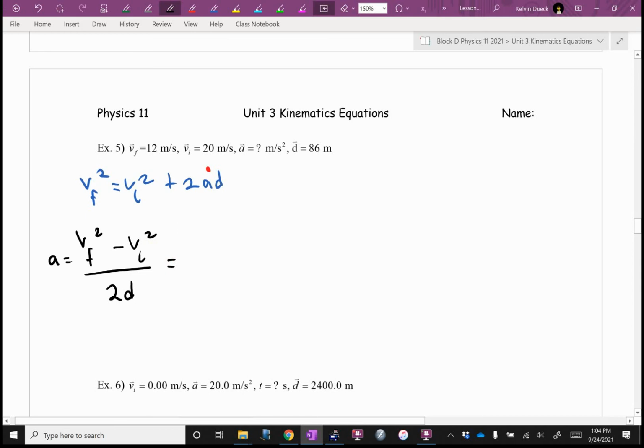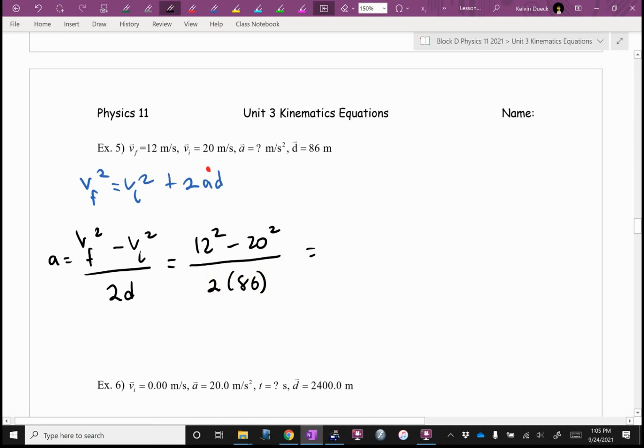Zach, what was V final? Yep. So we'll put a 12 in. By the way, the other thing I've done for each of these is I've scanned the units for yuckiness. No kilometers, no hours, nothing wonky. 12 squared minus VI, 20, yes, squared, all over 2 times 86.